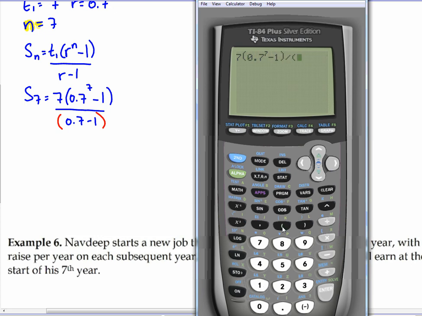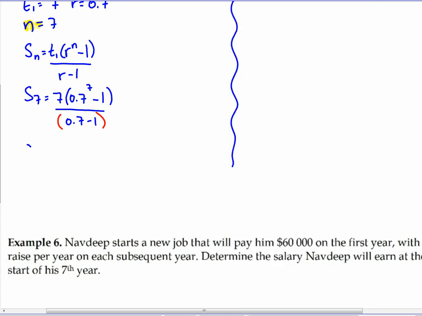Divided by bracket 0.7 minus 1. Okay, 21.41 approximately. But we're not done.